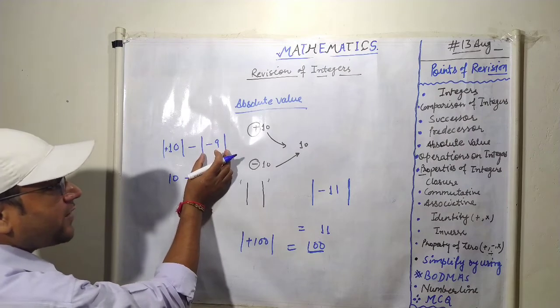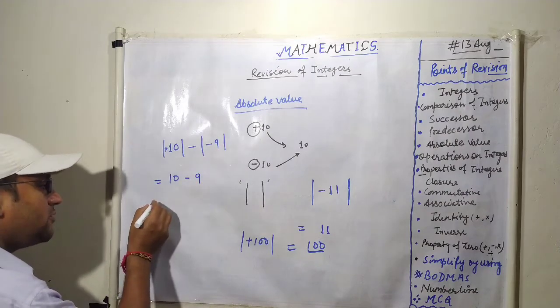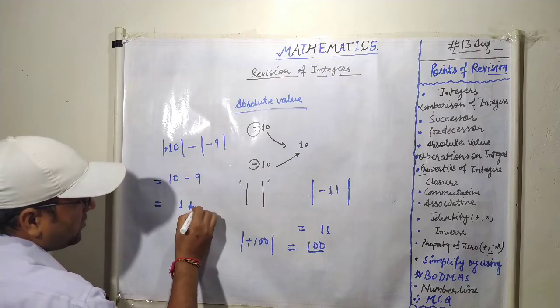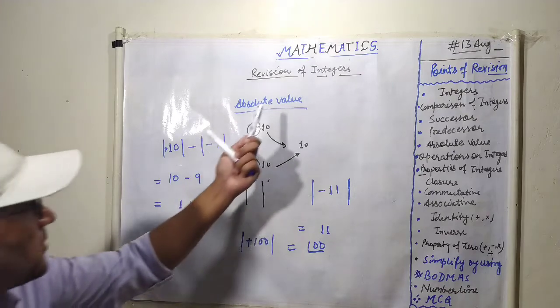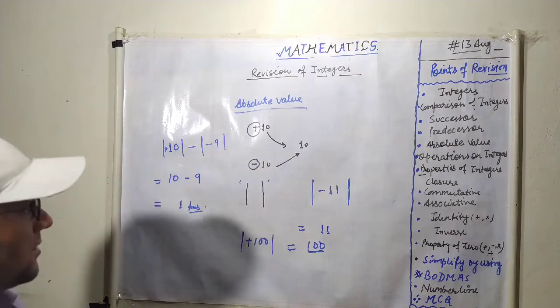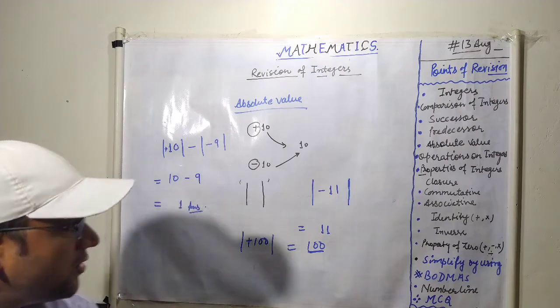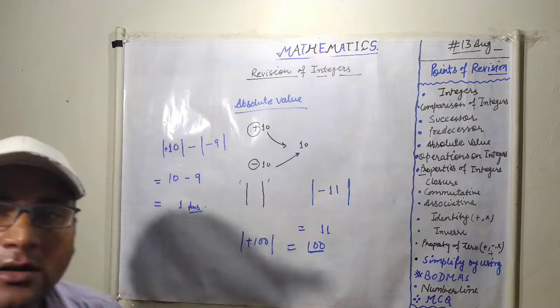What is the absolute value of minus 9? That is 9. Then you will simplify. 10 minus 9, you will get 1. That is your answer. So see this, student, use the concept of absolute value properly, and then do your simplification and solve your expressions.